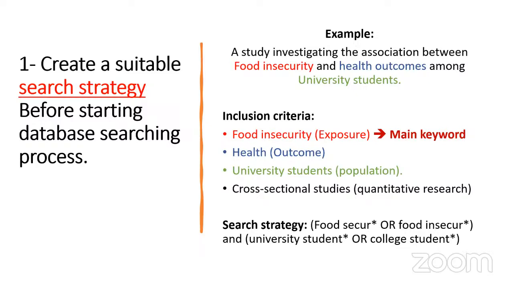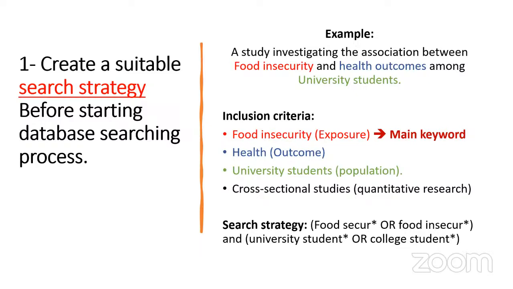So in the search strategy, I wrote food secure, and I put the star, just to include any suffix, whether it's an adjective or a noun. So this will help you to get as many articles as you can, and it's more comprehensive.